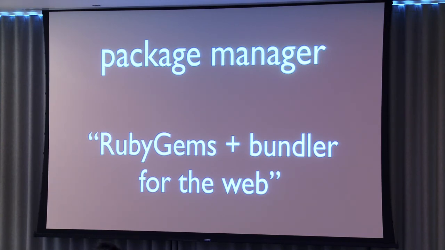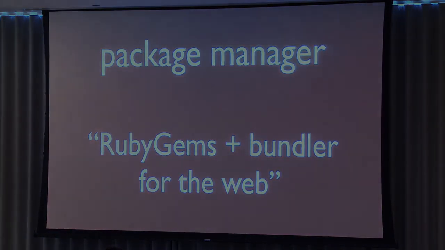We kind of have some of this in NPM and Bower, but both tools don't yet solve all of the problems that we would like to have solved for web, JavaScript, and CSS apps. And so I'm really hoping that at some point somebody will come around and write a Ruby gems plus bundler equivalent for JavaScript and CSS.